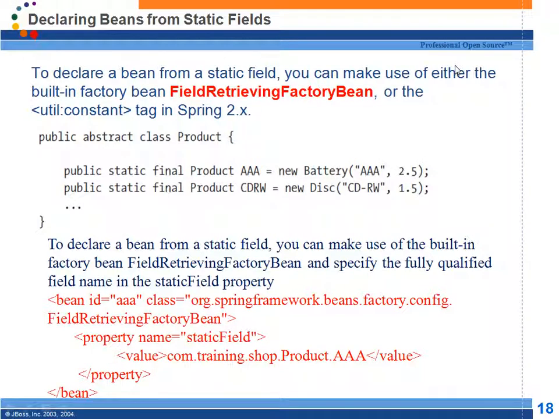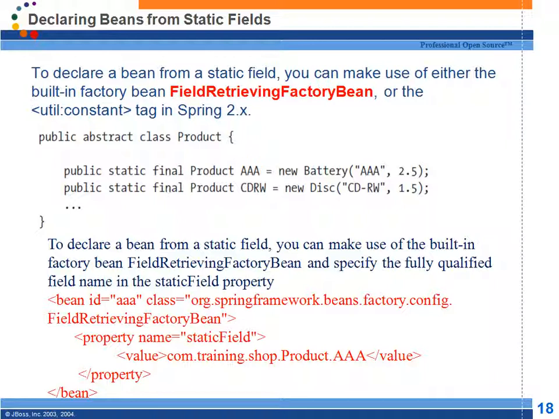Here I have a class Product and there are some static final fields. AAA is pointing to a battery object, CDRW is pointing to a disk object, right? Now I want a bean by invoking the static fields. I want Product.AAA, whatever it is returning, to be returned. See here, bean id equals AAA, class equals FieldRetrievingFactoryBean.